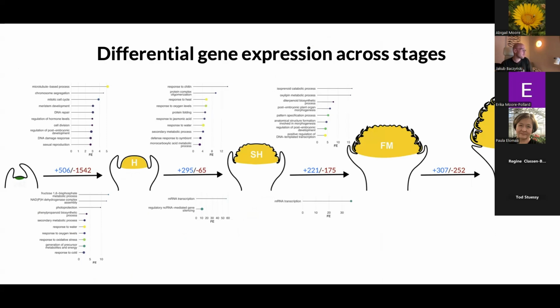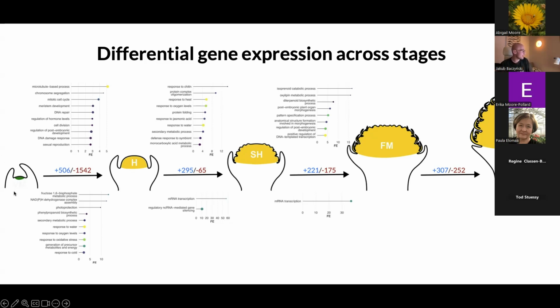And there are some interesting patterns that I have found also in similar data sets for other species and other inflorescence architectures. So firstly, that the vegetative to reproductive transition coincides with dramatic downregulation of genes involved in photosynthesis, and also response to abiotic stresses.